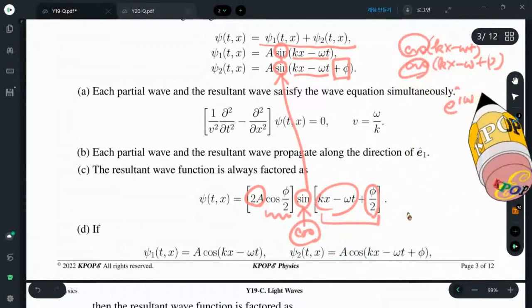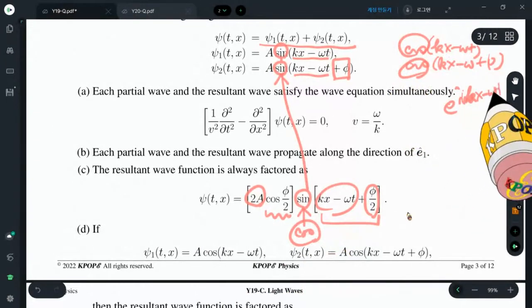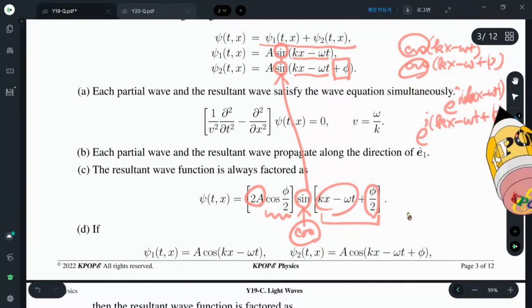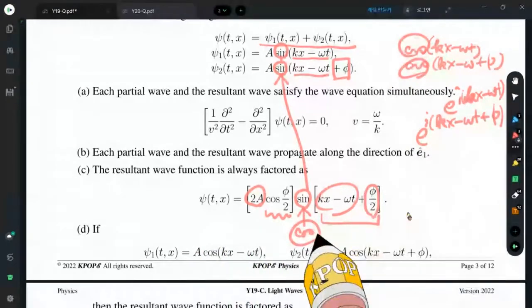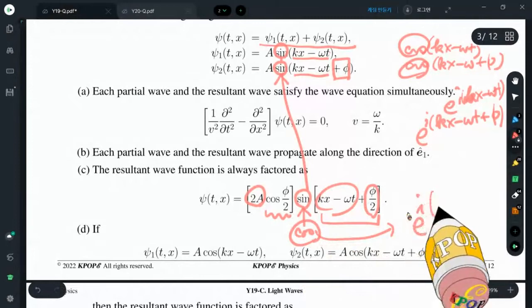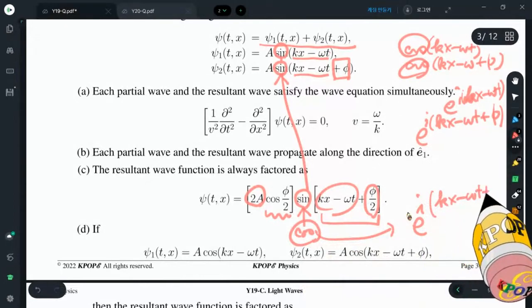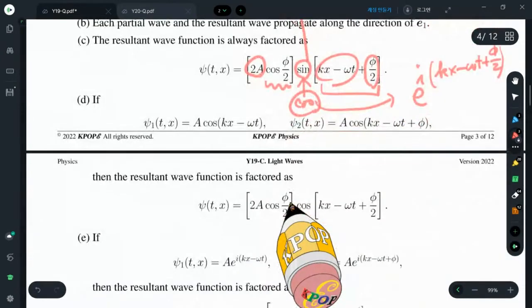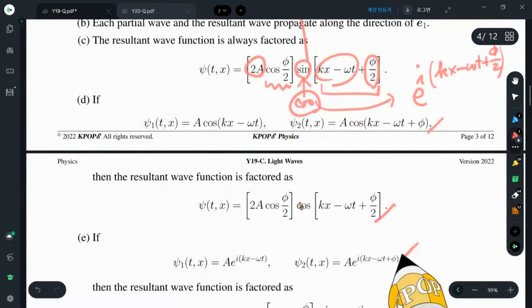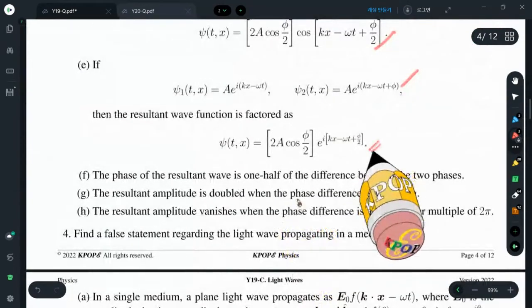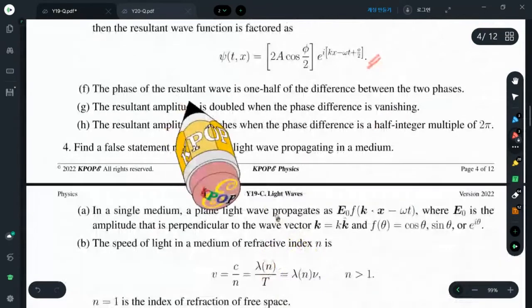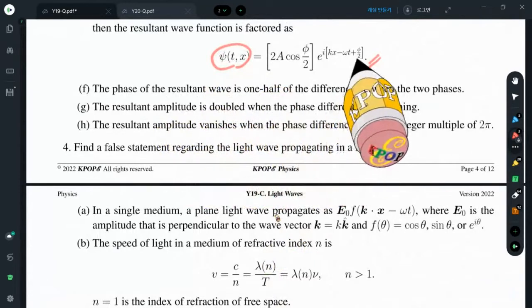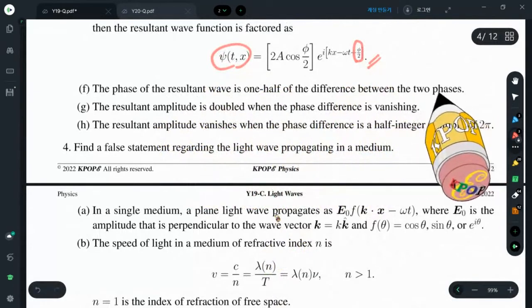In case we have e to the i (k x minus omega t) and e to the i (k x minus omega t plus phi), everything will be the same except that the phase becomes k x minus omega t plus one half of phi. These are given here, all set. The phase of the resultant wave is one half of the difference between the two phases.